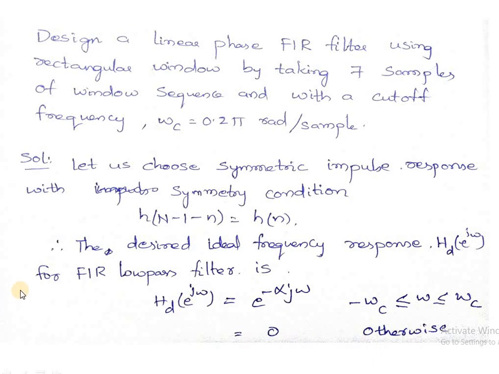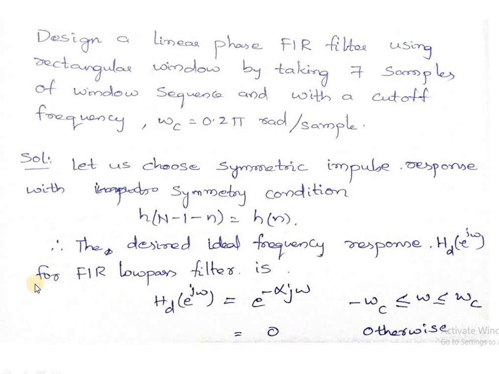When evaluating the system transfer function, generally it will be e power minus alpha j omega, because the output of that particular filter will be equal to the delayed version of the input sequence whenever we pass through an ideal filter. In such a case the relation between the output and the input is given in terms of the delayed version of the input itself.